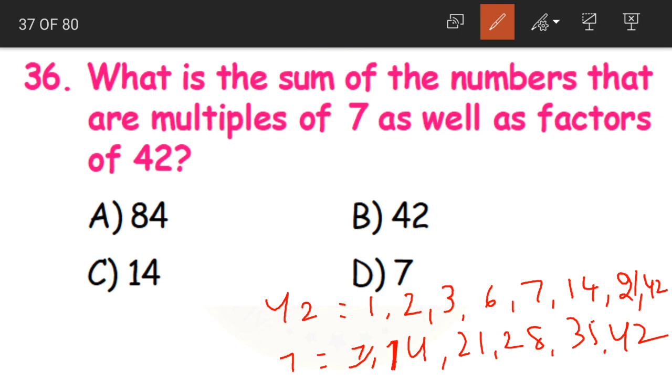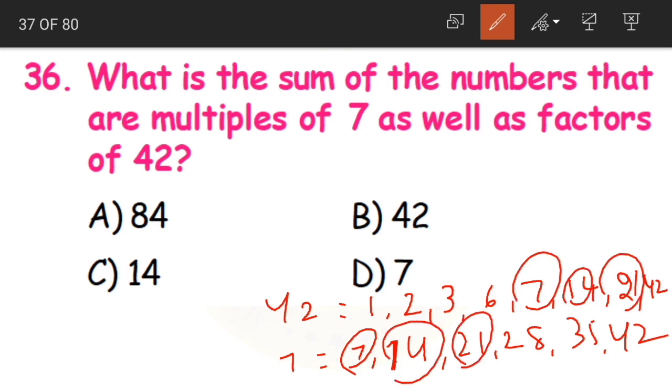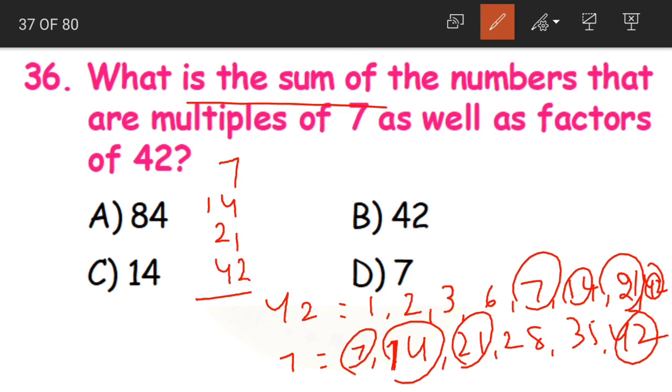Yes, so what are the factors as well as multiples? What are the common ones here? 7 is the common number, 14, 21 and 42. So what should we do with this? Sum. 7 plus 14 plus 21 plus 42.